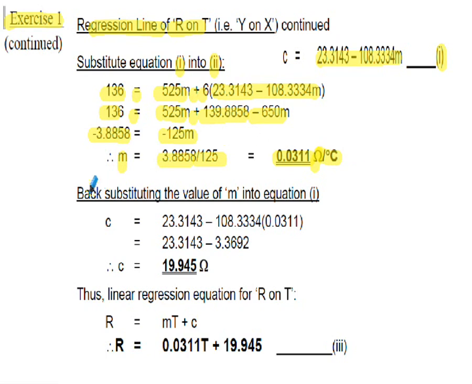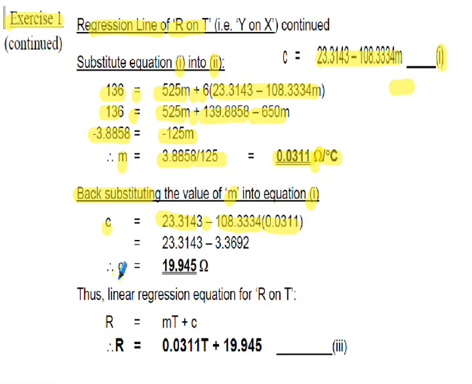If I now back substitute the value of m into equation 1, the Roman numeral equation 1, above here, I get c is equal to 23.3143 take away the 108.3 recurring multiplied by the m, which from above is 0.0311.